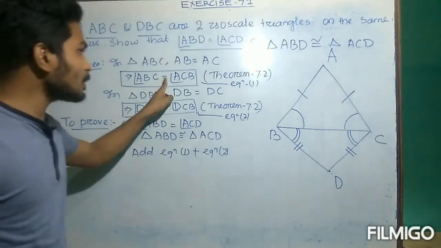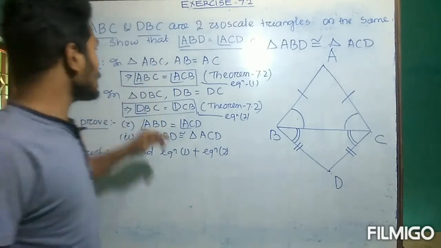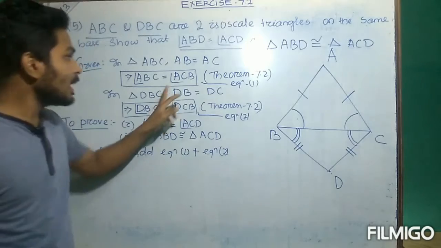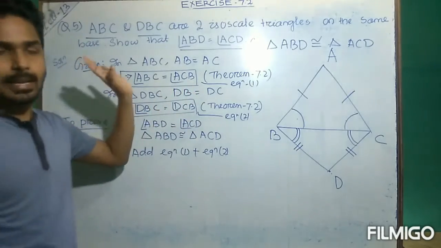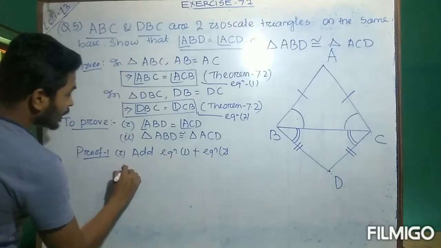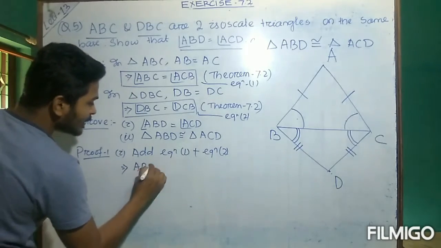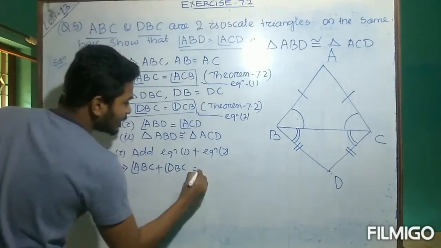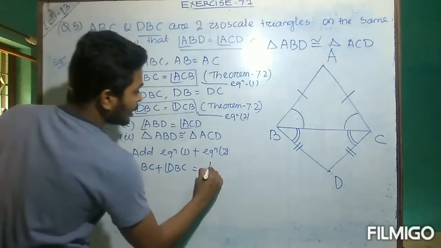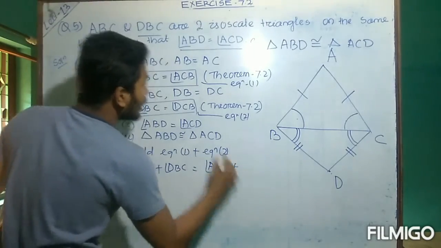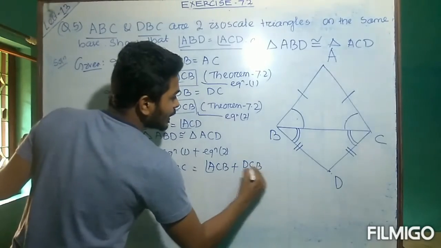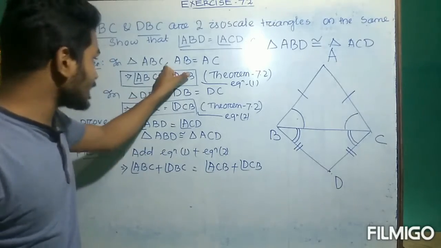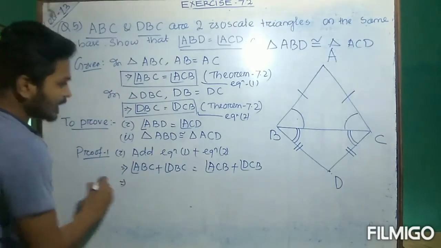Whenever two equations are added, the left hand side must be added to the left hand side and the right hand side must be added to the right hand side. So in the left hand side we write angle ABC plus angle DBC, and the right hand side is angle ACB plus angle DCB. We have added left hand side with left hand side, right hand side with right hand side.